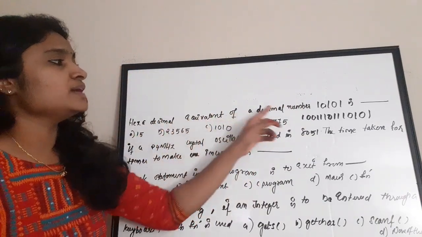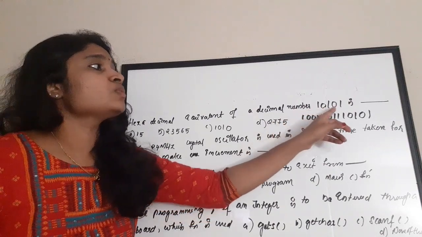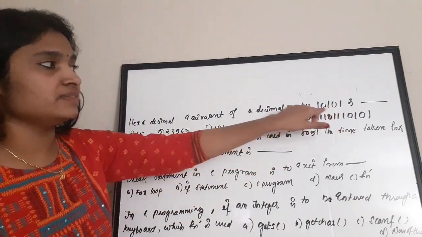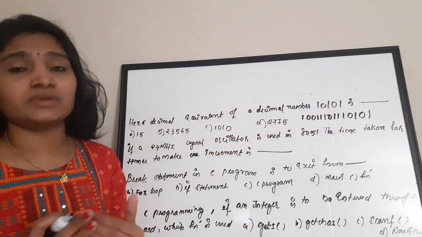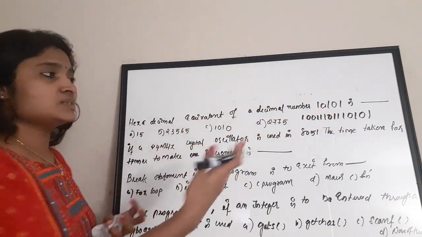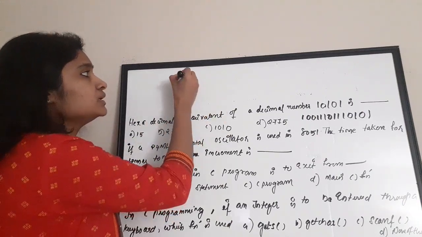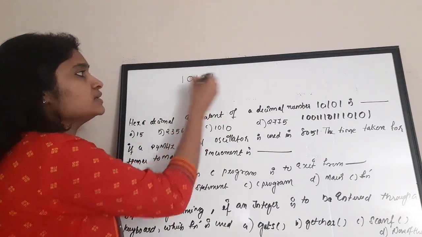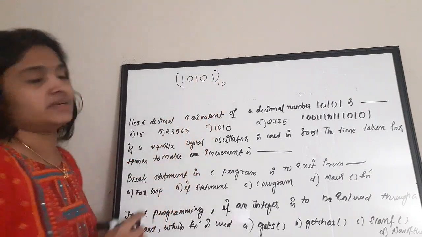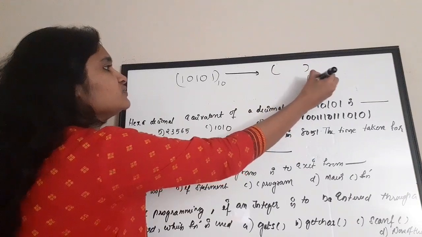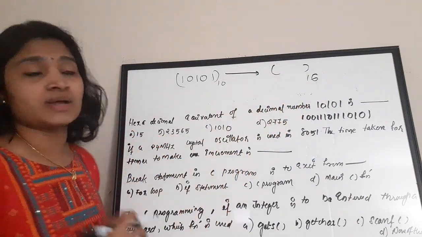Next question: the hexadecimal equivalent of decimal number 10101 is dash. The number given is a decimal number, so don't get confused. Since it is ones and zeros, you may confuse it as binary, but it is actually 10101 to the base of 10. You need to find the equivalent value to the base of 16, that is, the hex value.